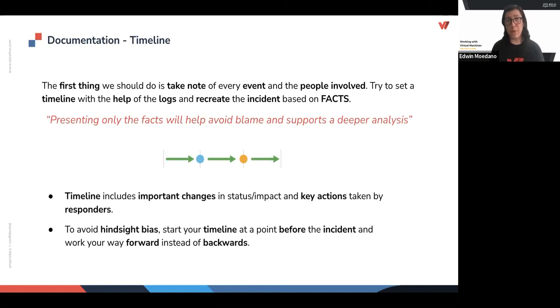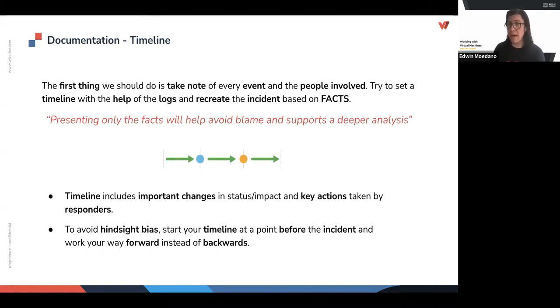That could be the summary, but you need to build this timeline with timestamps, particularly when those events happen, how you reacted, if you asked for help, and who responded to that call. To avoid hindsight bias, start your timeline at a point before the incident.